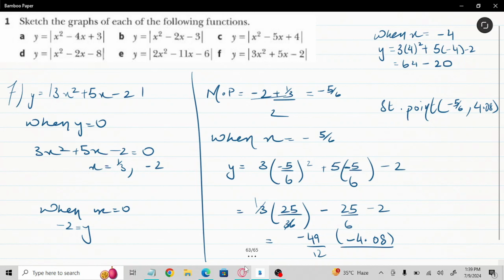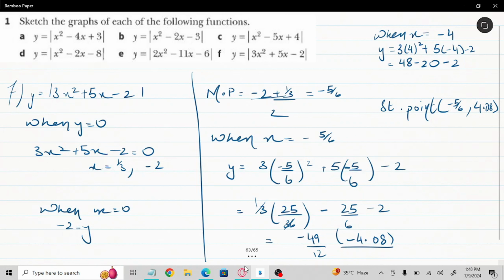And oh yeah, we have to multiply 64. I think I've made a mistake. Yes, 16 multiplied by 3. Okay, my bad. I'm really sorry for that. 16 multiplied by 3 is going to be 48. 48 minus 20, because 5 4s is just 20, minus 2.